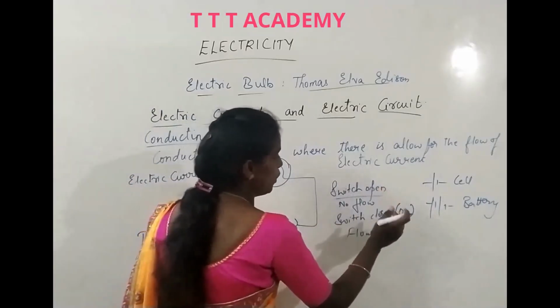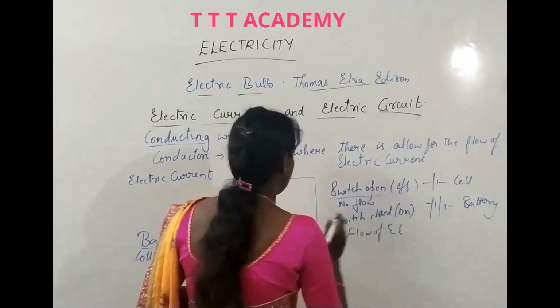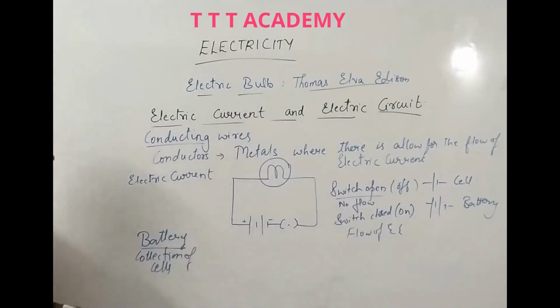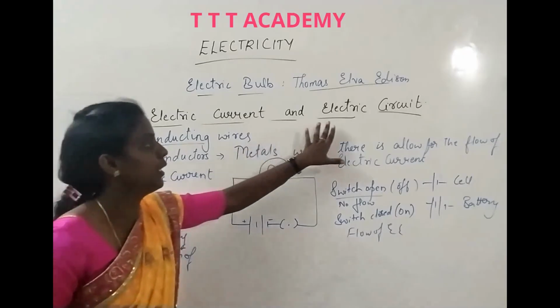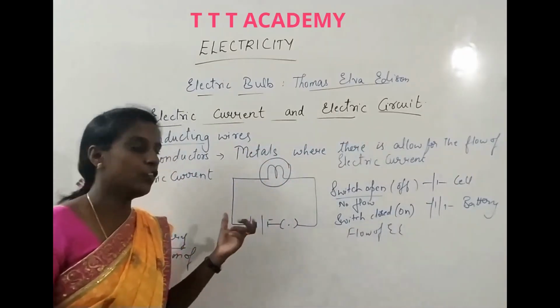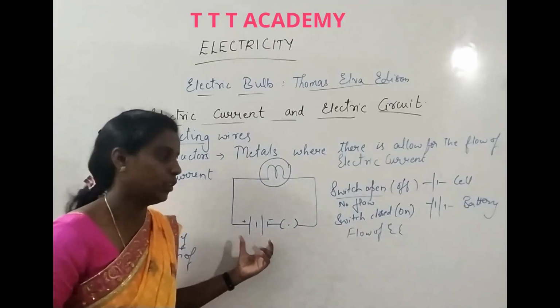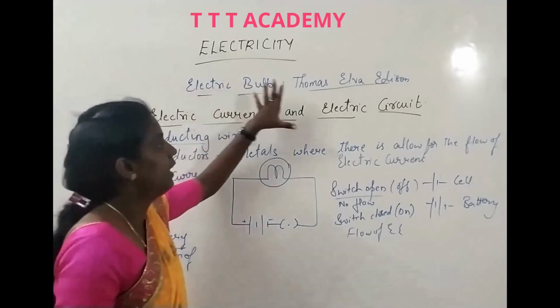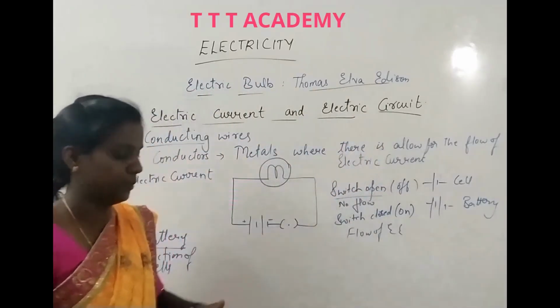When the switch is open, it is in the off position and there will be no flow of electric current. So now you came to know that an electric circuit is a closed path for the flow of electric current.